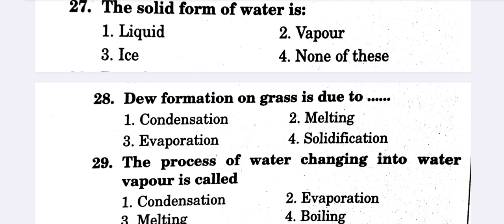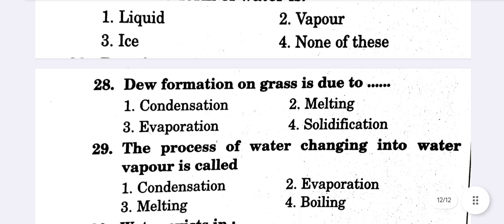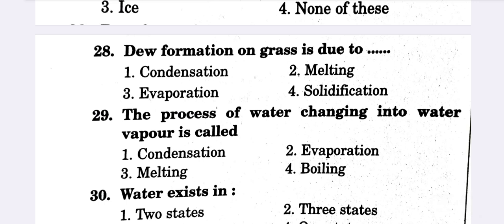Okay, so here what is the dew? Early morning and during winters we could see some water drops on the grass or even some plant leaves. So that is called dew, right? Why is it formed? Because of condensation.